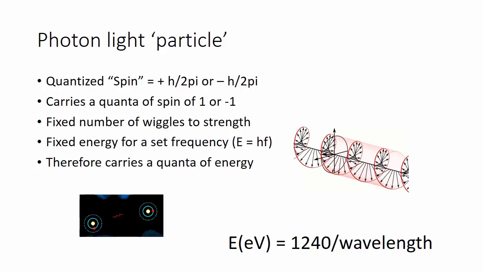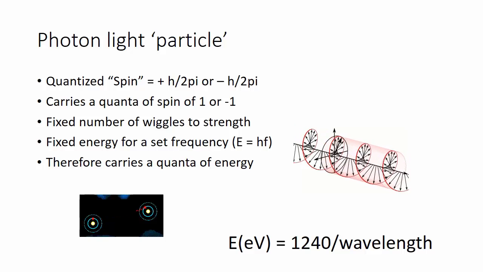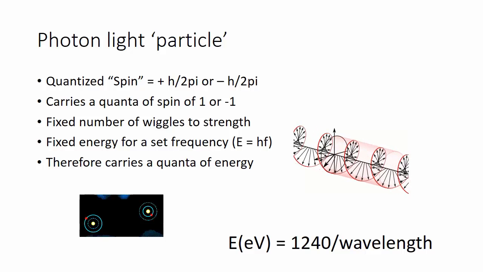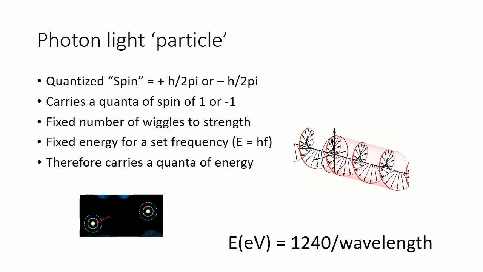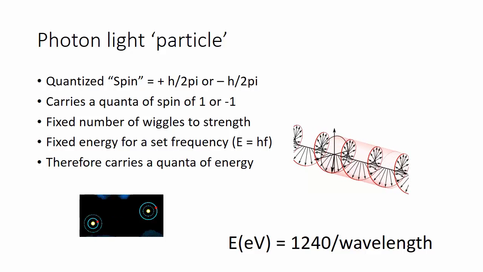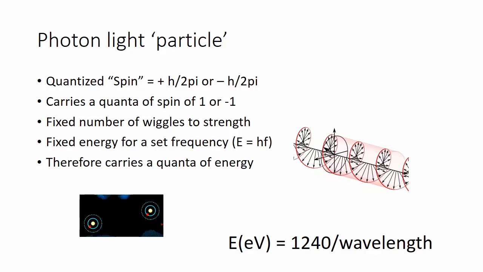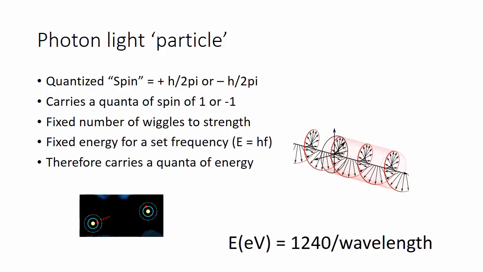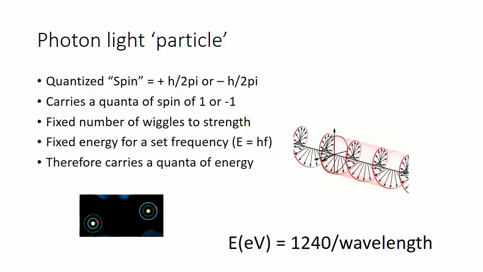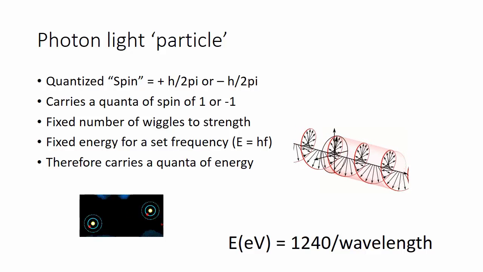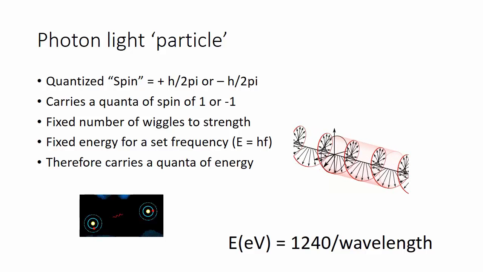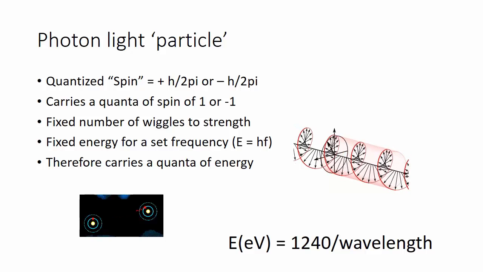So the more height, the more of an angular momentum kick per wiggle, or oscillation. We can have a lower height of oscillation and more wiggles. But the net effect is that any light that comes out has to have the same spin. So it's quantized in spin, and it has a quanta of this angular momentum, any light that you put out.